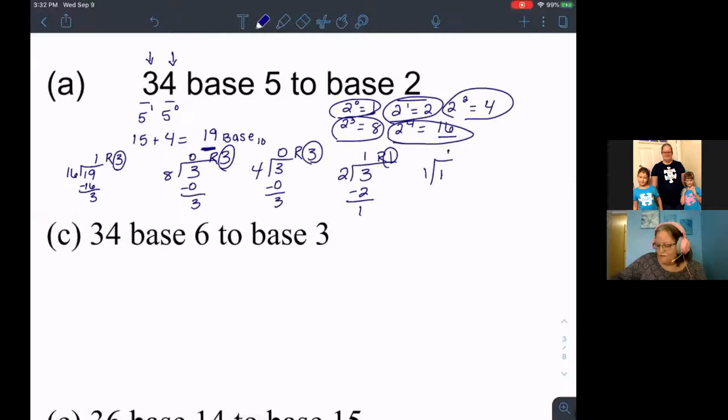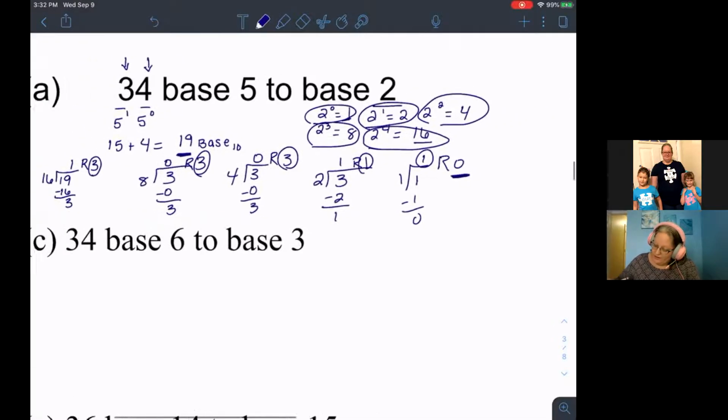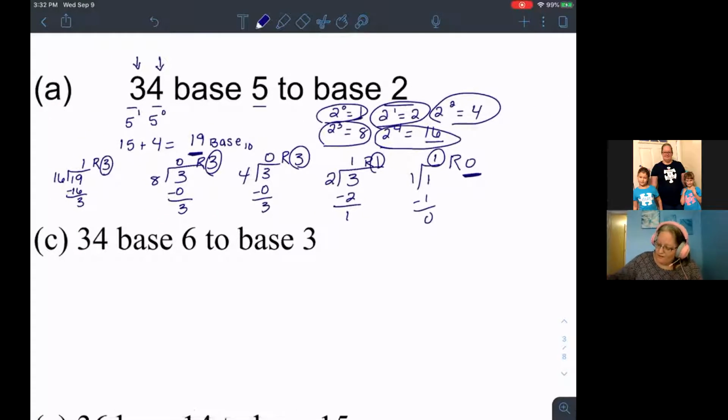So the answer is 1, and we have a remainder of 0. So that's what we are looking for, to find the remainder of 0, and that gives us all of our digits in our number. So 34 base 5 in base 2 is now 1, 0, 0, 1, 1 in base 2.